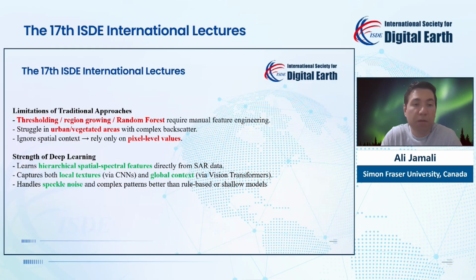Here, the scattering or backscattering. They can capture local information through CNNs and global contextual information through vision transformers. They can handle speckle noise and detect complex patterns from the data. Some of these algorithms are noise resilient, so they can detect floods out of Sentinel-1 with excellent accuracy.